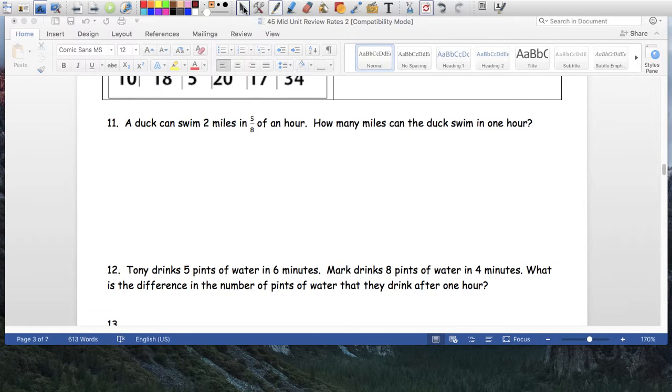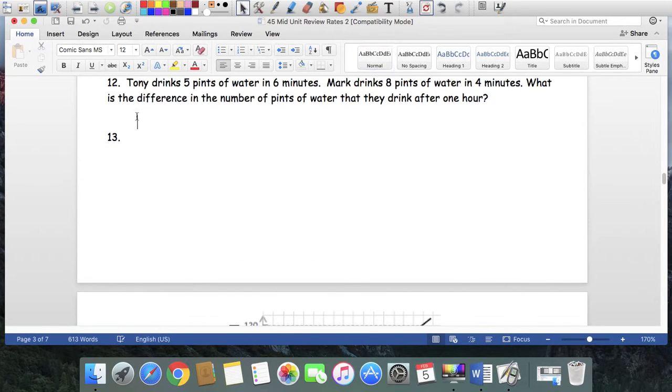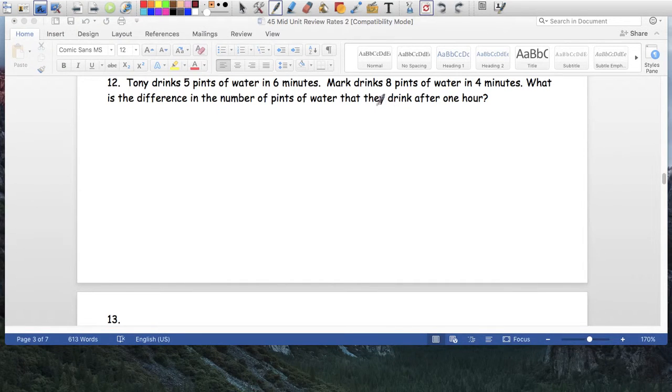Entonces vamos a hacer uno cada separado. Tony, 5 pints, en 6 minutos, en 6 minutes. Mark, 8 pints en 4 minutos. Let's find out how much they drink in 1 hour. Vamos a descubrir cuántos toman en 1 hora.